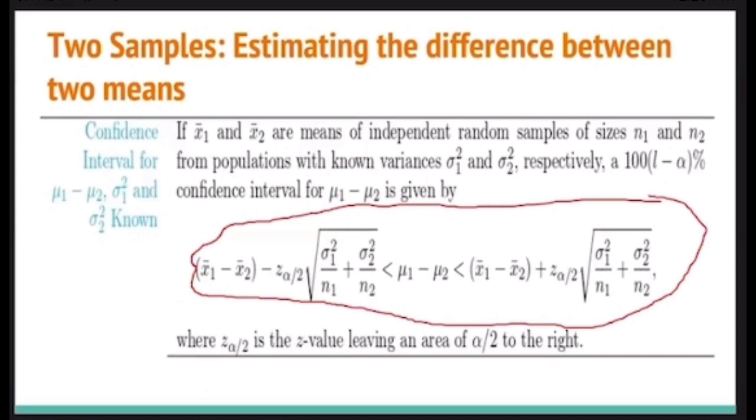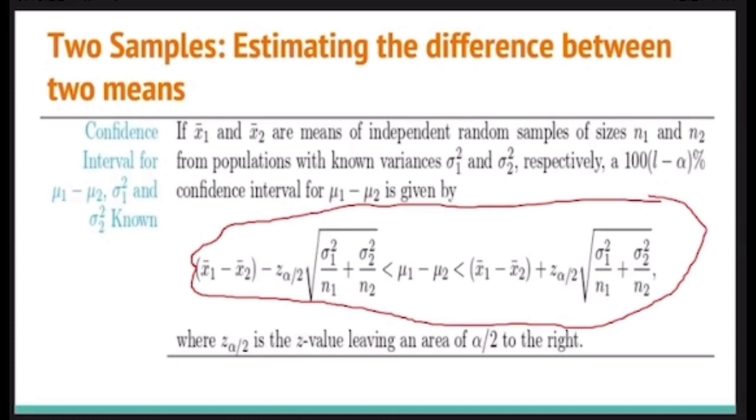If they are not given, and the sample that we choose from each population is large, and how large is large, at least thirty, we can still use this. I'm going to say that again. When the population distribution is normal, irrespective of the sample size we choose from the population, the sampling distribution is also going to be normal.